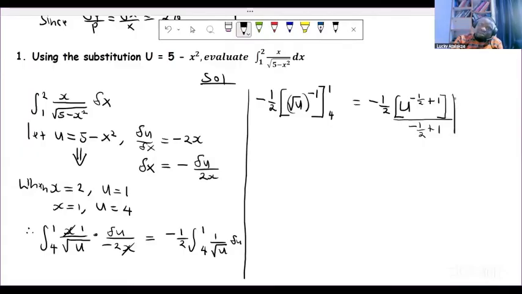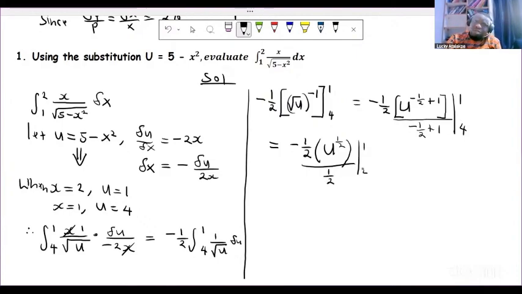So our limit is still there, 1 and 4. If you simplify this further, negative half plus 1 is half, then over half here. Our limit is still this. So therefore, if you divide this now, this will become negative this. u divided by half becomes 2u.